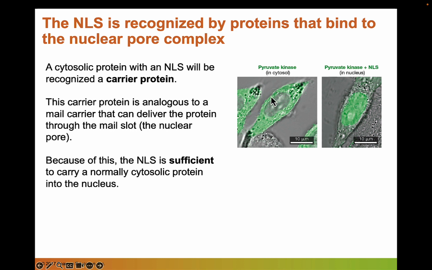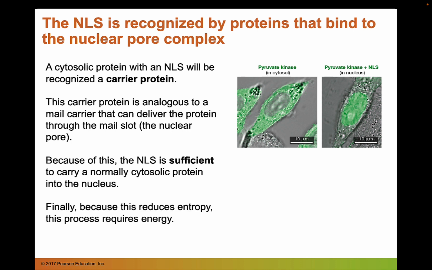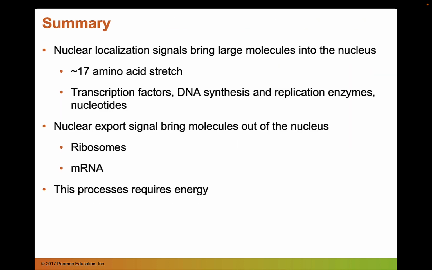It goes from this area on the outside straight into the nucleus. And so the NLS is actually sufficient to carry any protein into the nucleus. Okay, and finally, because this reduces entropy, right, we're organizing something, essentially, this process requires energy.